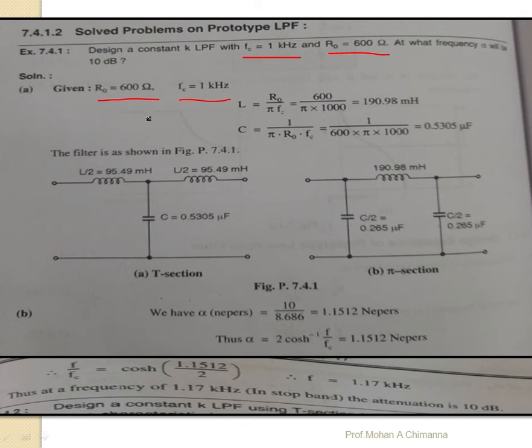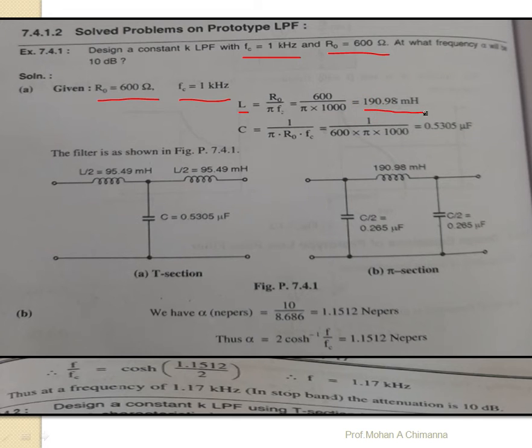So based upon that we calculate the value of L, which is equal to R0 upon pi fc. The value of the design impedance is provided, so it is 600 upon pi into fc, which is 1 kilohertz. So the value of the inductor L is equal to 190.98 millihenry.